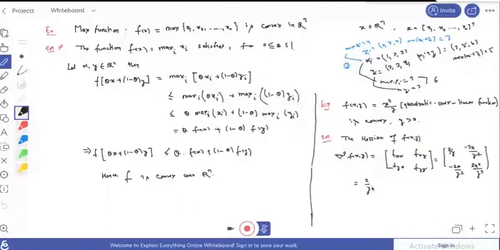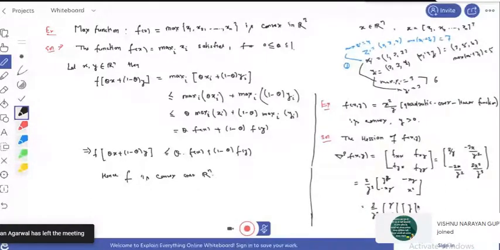Taking 2 over y cubed outside, we get y squared, minus xy, minus xy, and x squared. This equals 2 over y cubed times the vector (y, minus x) times (y, minus x) transpose.